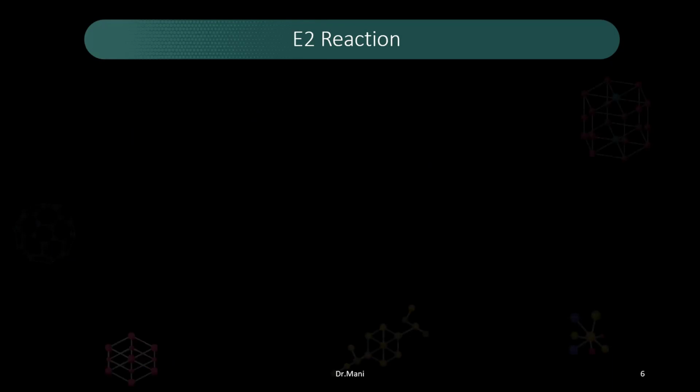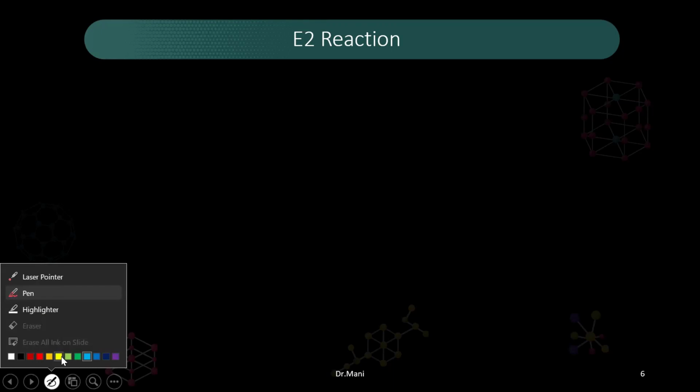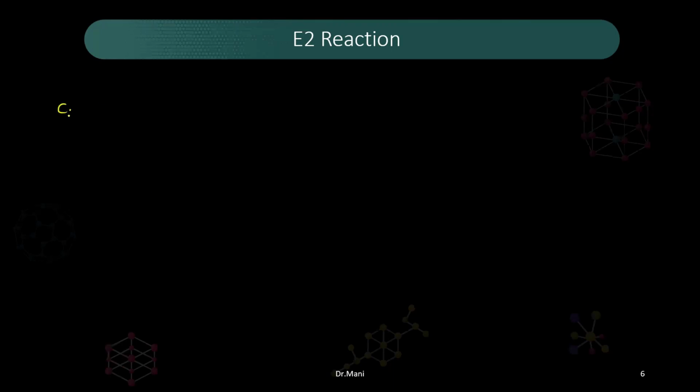So let's see the E2 reaction with an example. C2H5O minus. So what is here? C2H5O minus.